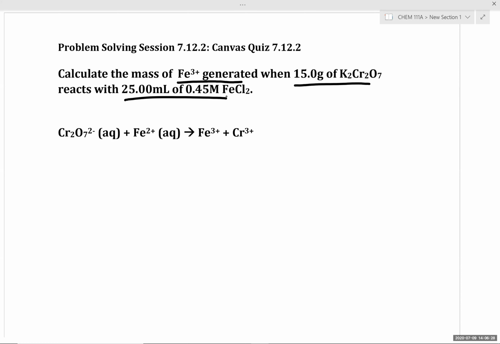So we'll take about 4 minutes and write out the balanced chemical equation, and we'll discuss it in about 4 minutes. Again, don't be shy to propose your balanced equation in the chat, or if you're feeling ambitious, you can even propose the mass of iron expected from this reaction. And just to make sure we're all on the same page, this is a redox reaction, so just be very conscientious of that.